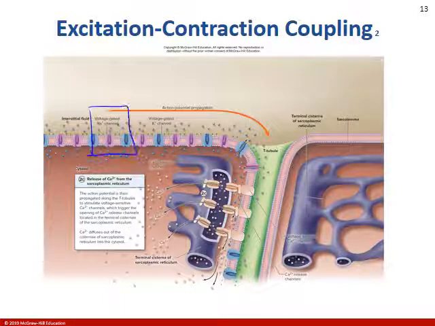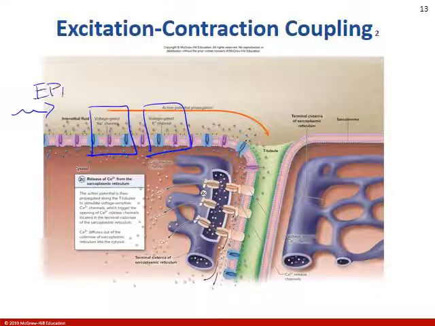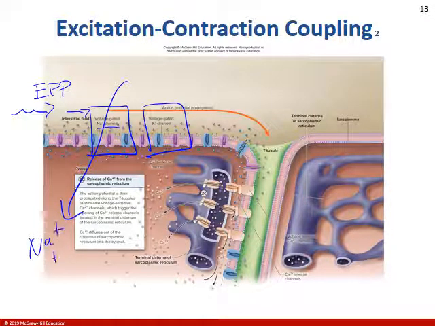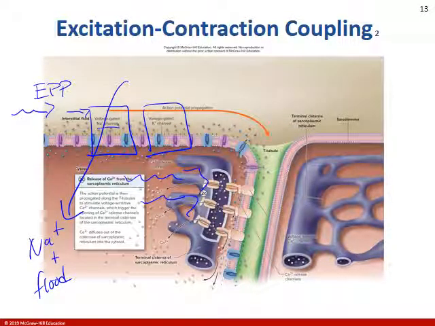Here's our sodium-only channel, and it's followed by a potassium-only channel. So over here, we generated our end plate potential. That triggers the sodium-only gate to open, and now we have a flood of sodium. And what happens to the sodium? It moves, it dissipates, it diffuses.